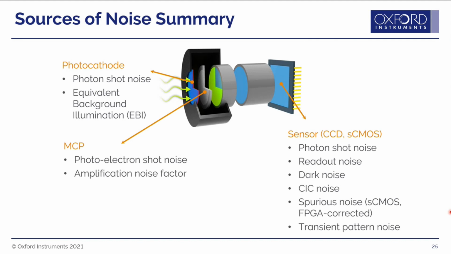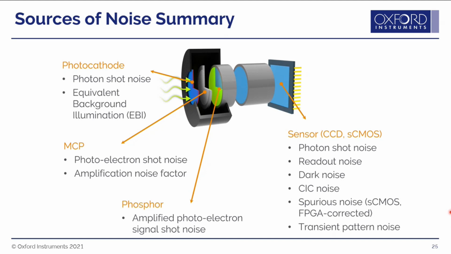You've also got photoelectron shot noise within your microchannel plate itself, and there's a certain amount of noise from the amplification, because not every electron is amplified equally in your microchannel plate. And then you have a certain amount of noise generated by your phosphor, in the amplified photoelectron signal shot noise as well. So there are quite a few sources of noise there, but don't be concerned.